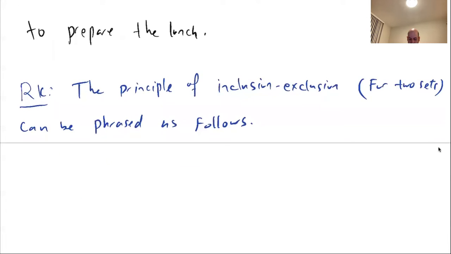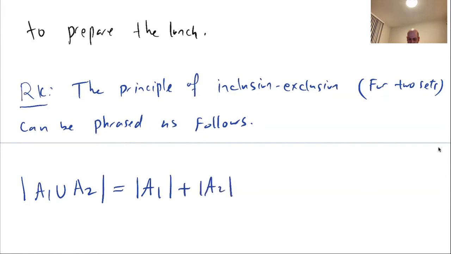We can say that the number of elements in A1 union A2 is equal to the number of elements in A1 plus the number of elements in A2 minus the number of elements in the intersection of A1 and A2.